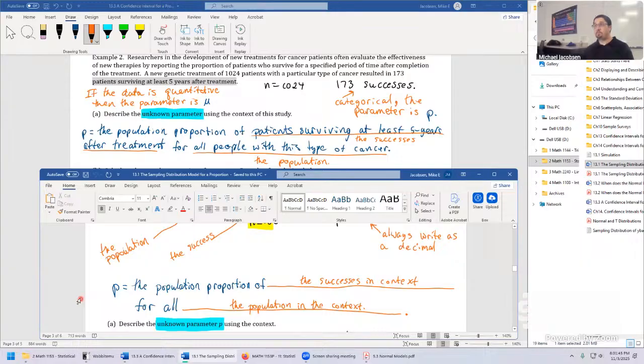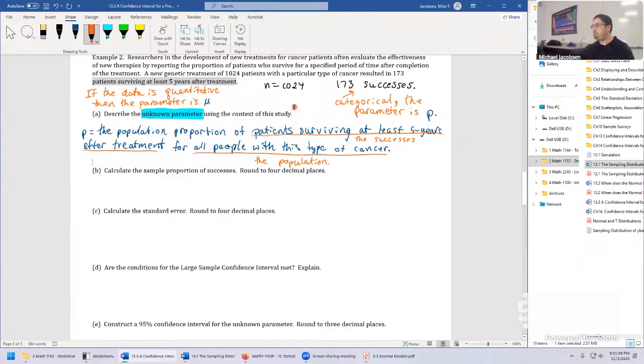When we write down a parameter P, it's pretty much always this kind of thing. You don't have to say it in this specific order, but these are just the two elements we have to mention. We have to say what the successes were. You have to say what the population is. And we definitely have to mention, because the data is categorical, that the thing we're estimating in the very first place is a proportion.